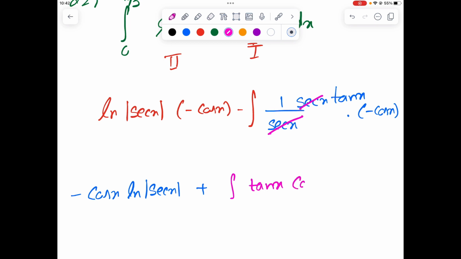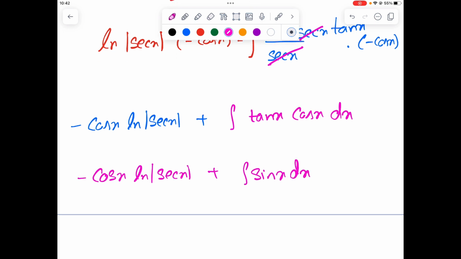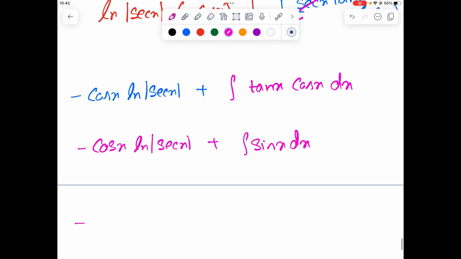Minus times minus is plus. Tan x times cosine x is sin x. So it becomes minus cos x ln secant x plus the integral of sin x. So minus cos x ln secant x, then the integral of sin x is negative cos x plus c.